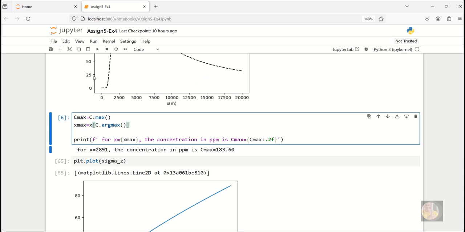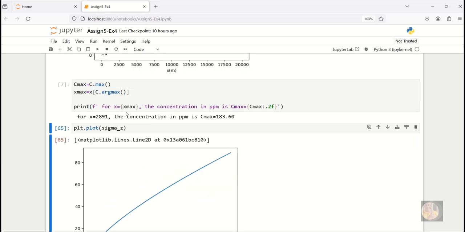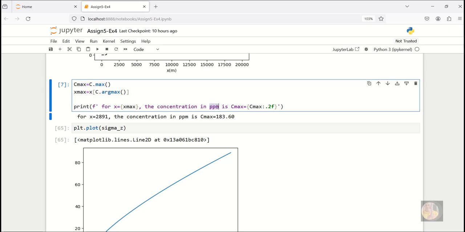Oh, sorry. When you run this, you obtain x equal to 2,891 meters, and the concentration there, not in ppm, I'm making a mistake, in microgram.